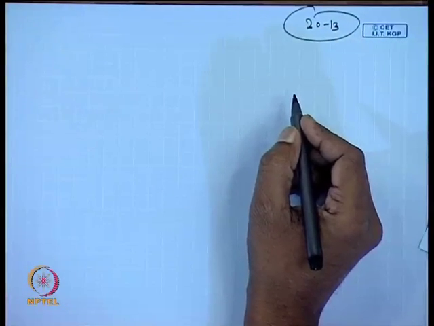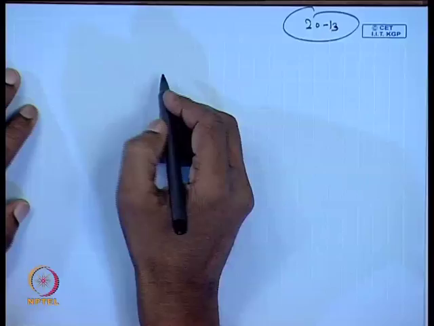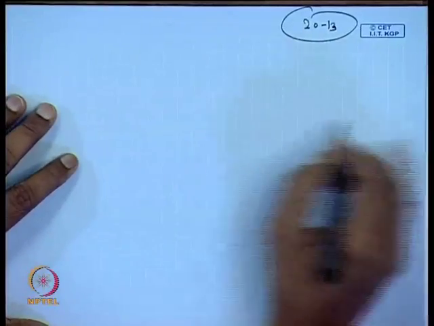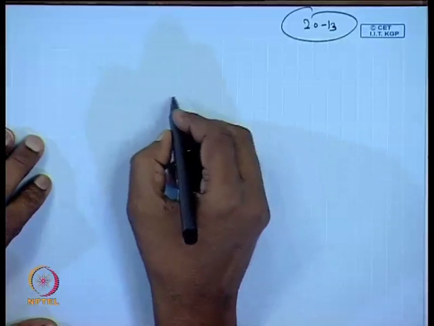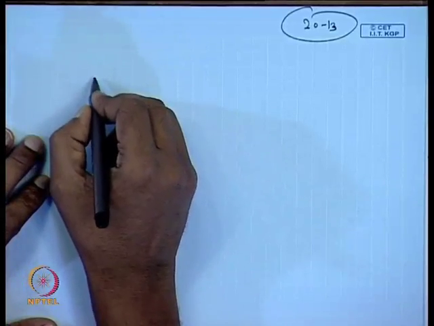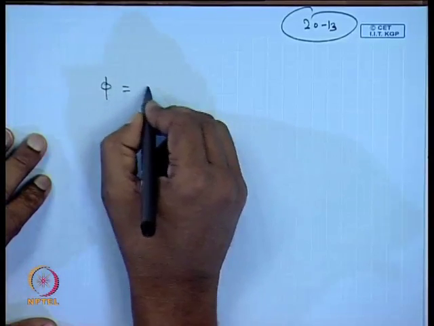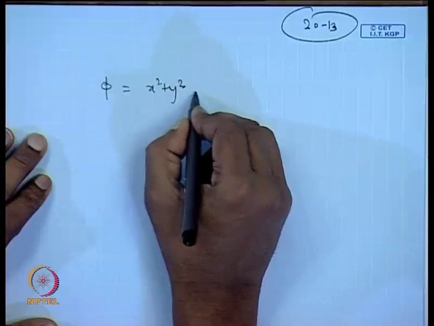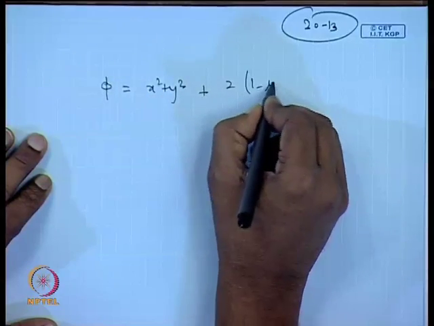Now, we can discuss the Jacobi integral and expand it. We have phi equal to x square plus y square plus 2 times (1 minus mu star) over r1 plus 2 mu star over r2, and this is equal to the quantity c on the zero velocity surface.